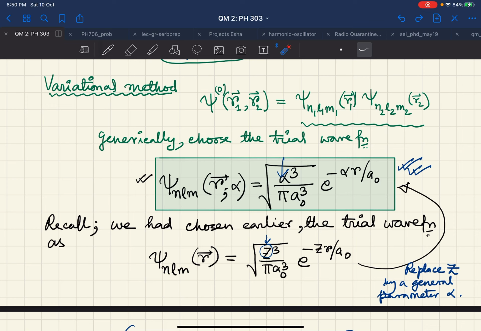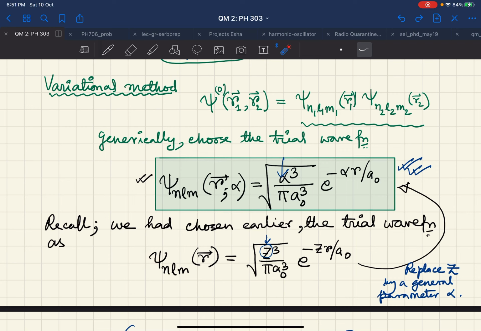So we can tell immediately that this approach should do at least as well at estimating the ground state energy, because setting alpha equal to Z reproduces the result of first order perturbation theory which we just saw, or the result that we had obtained using the variational method with this wave function as the trial wave function.